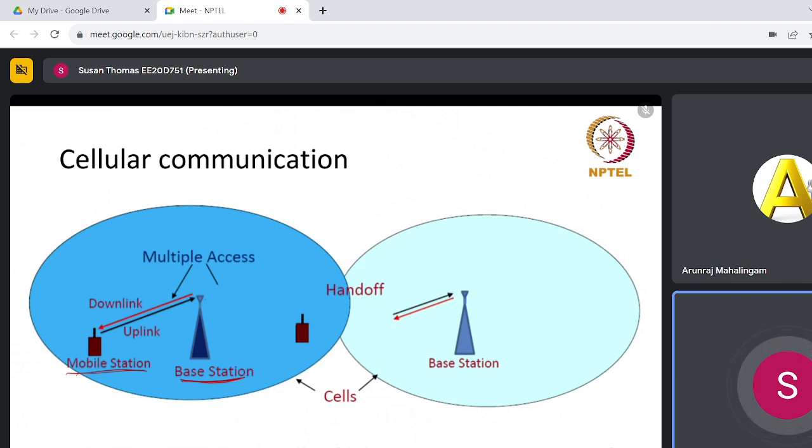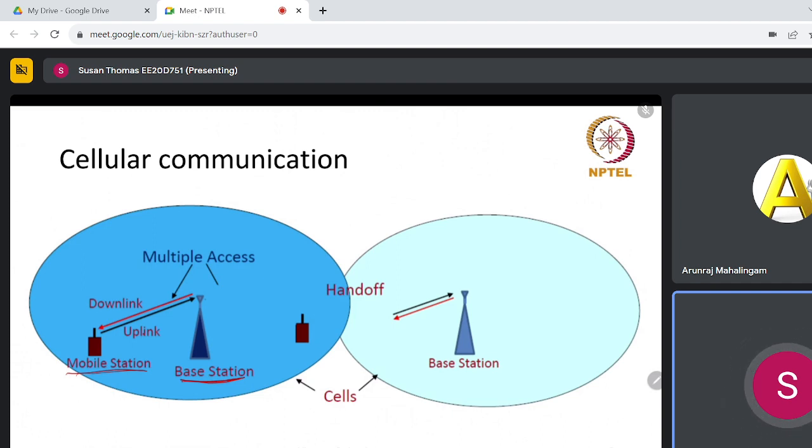This base station will act as a central unit for signal transmission to multiple mobile stations. Downlink and uplink is nothing but sending the signal in one direction.